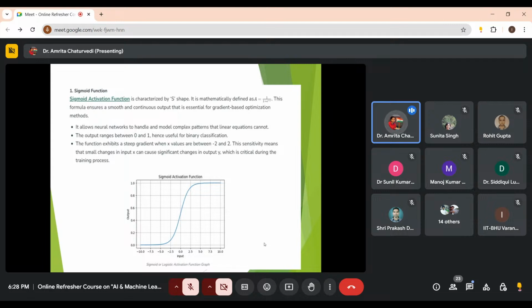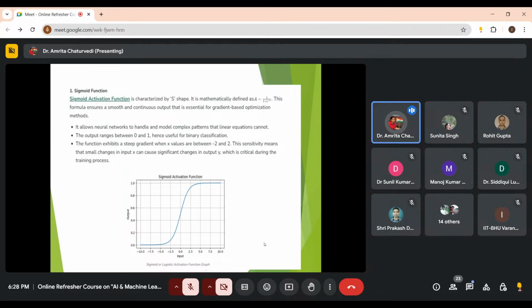Now this sigmoid activation function is characterized by an S shape, and it is defined as a = 1 / (1 + e^(-x)). This curve is smooth and continuous in output. It allows neural networks to handle and model complex patterns that linear equations cannot.